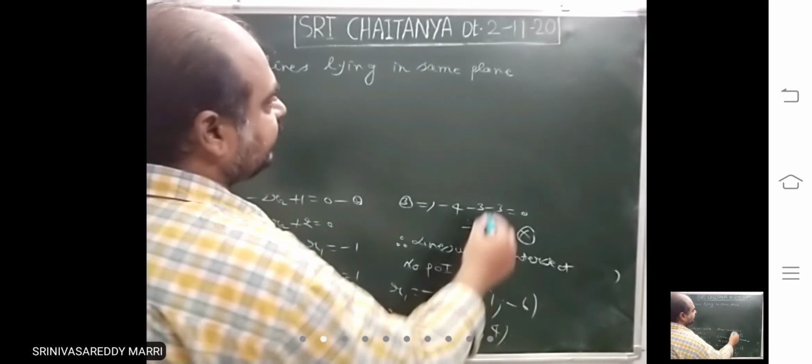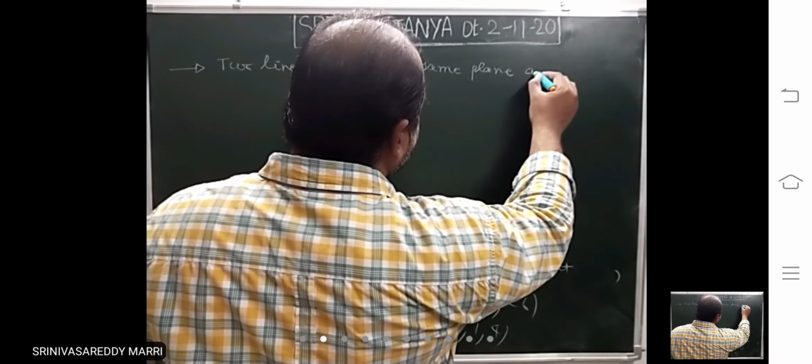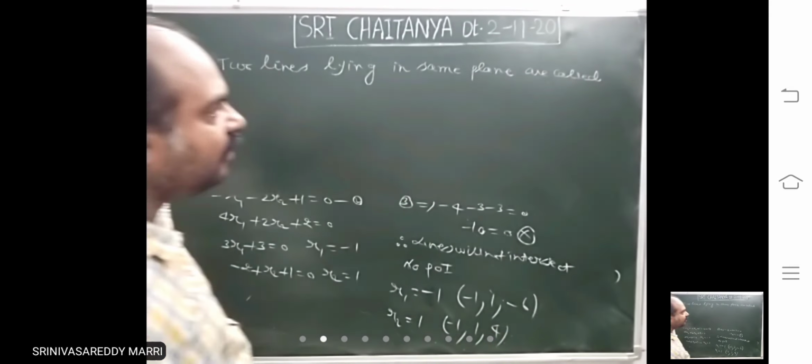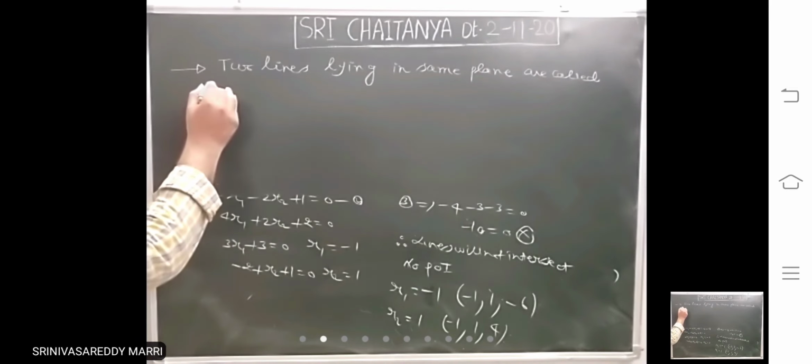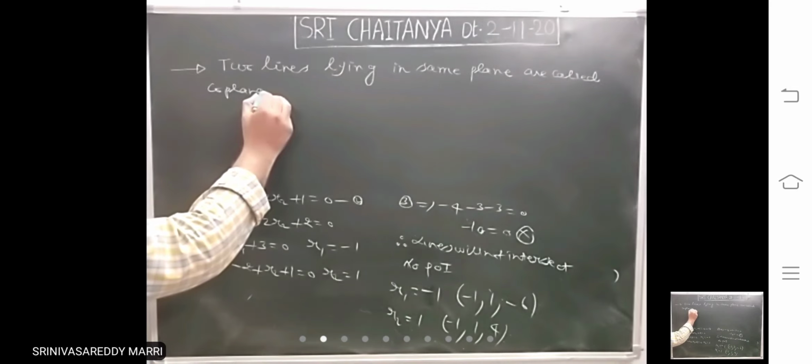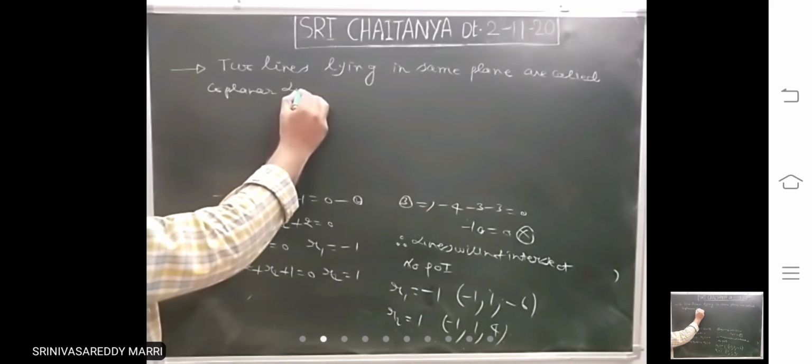Two lines lying in same plane are called coplanar lines. Coplanar lines.